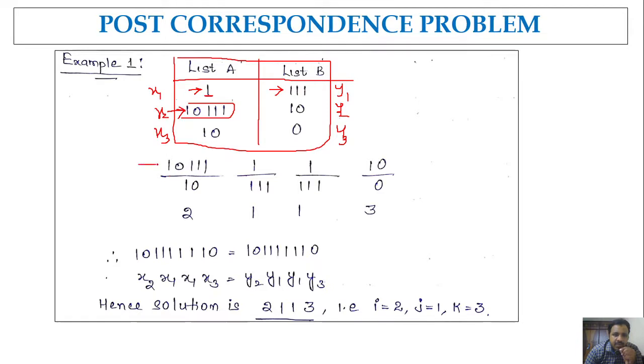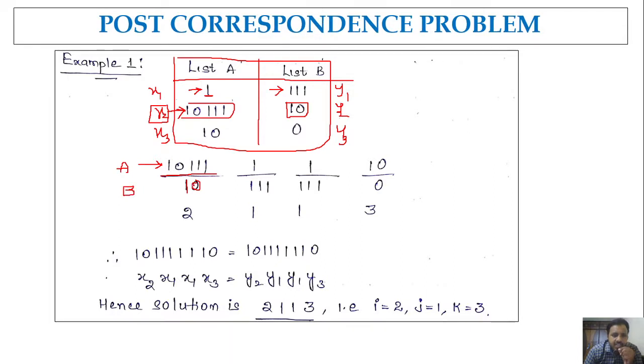I represent it in the numerator part, and in the denominator part I represent the item that belongs to list B. As I have selected x2 in list A, I have to select y2 from list B. As I mentioned, the index must be the same. So I got 1 0 in the denominator part. The numerator part is the string from list A, and the denominator part is the string from list B.